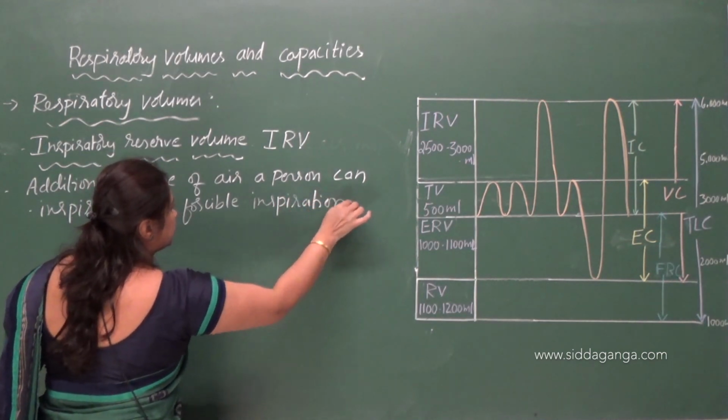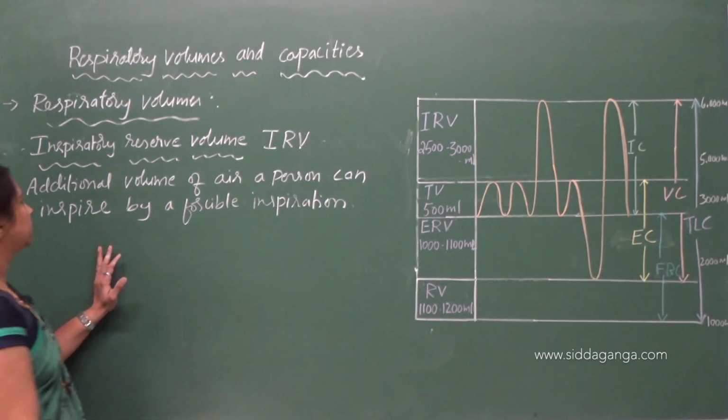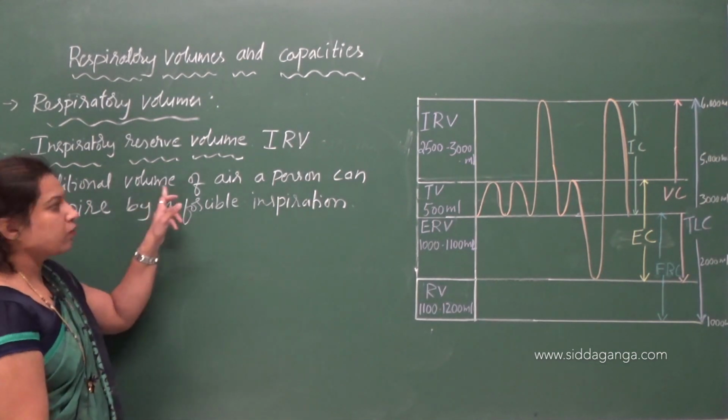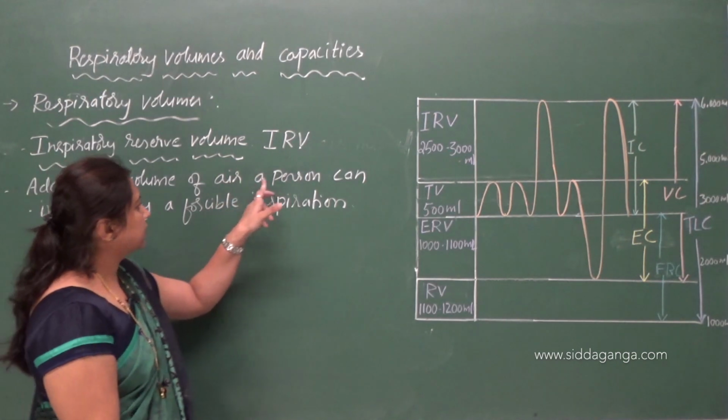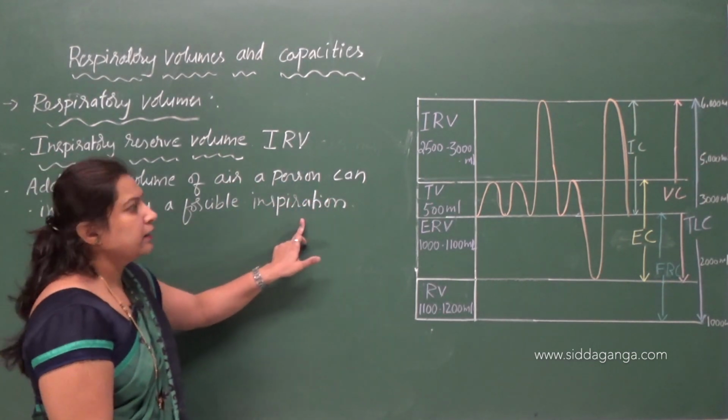By a forcible inspiration. So what is the definition of inspiratory reserve volume here? Additional volume of air a person can inspire by a forcible inspiration.